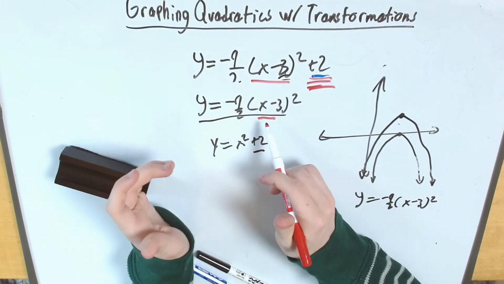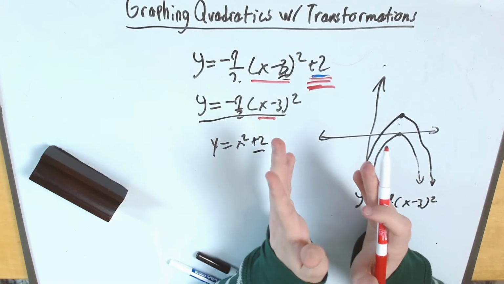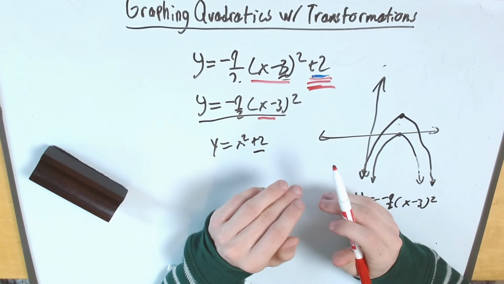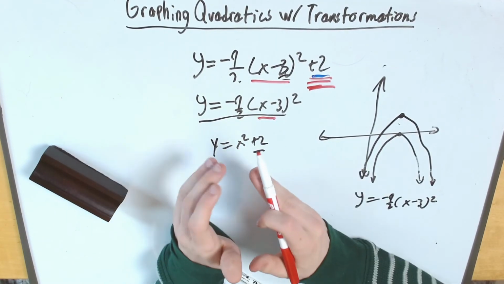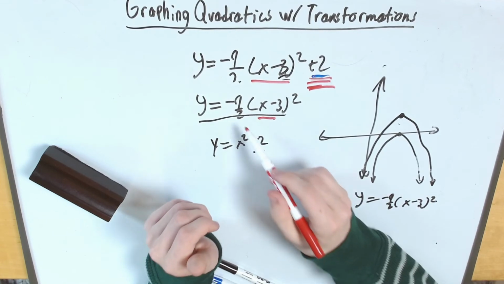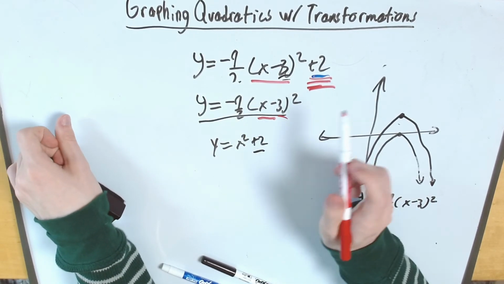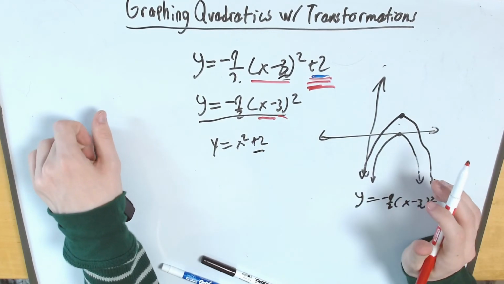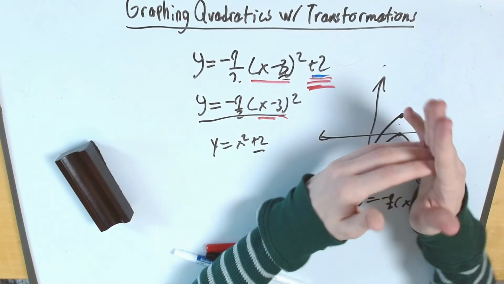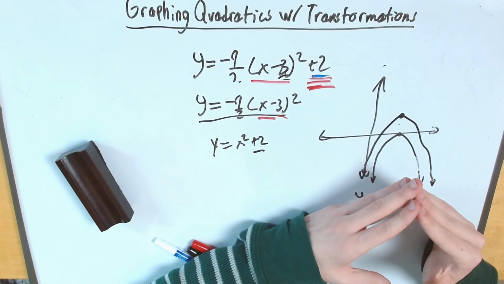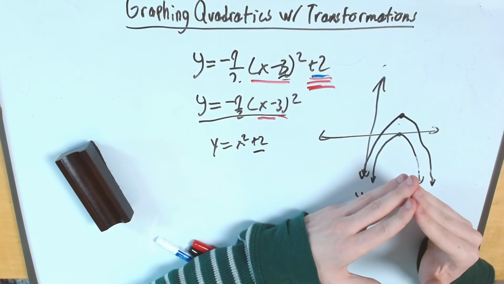So if it's x minus something, you're going to the right by that amount of units. If it's x plus something, you're going to the left that amount of units. If you have a negative next to your x squared or x minus 3 squared or whatever squared term, that means you're going to flip your quadratic upside down so it curves downwards like this.